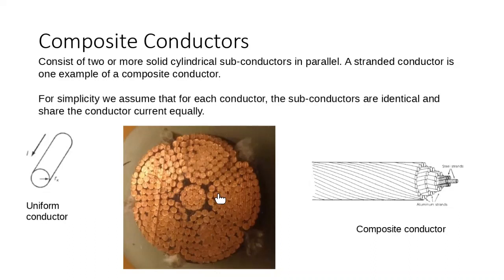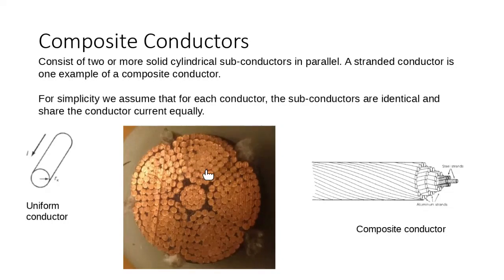The current tends to flow at the outer surface of the conductor. So if this is solid, the current will flow in here and will leave the solid. Therefore, we can make small solid conductors, and the current will flow in here, there, everywhere. All right, so this is what you call the composite conductors.